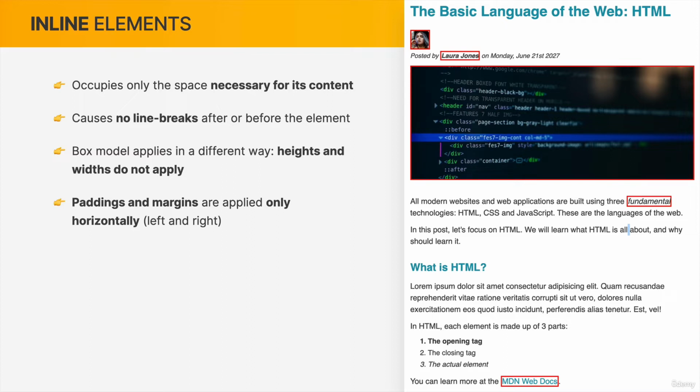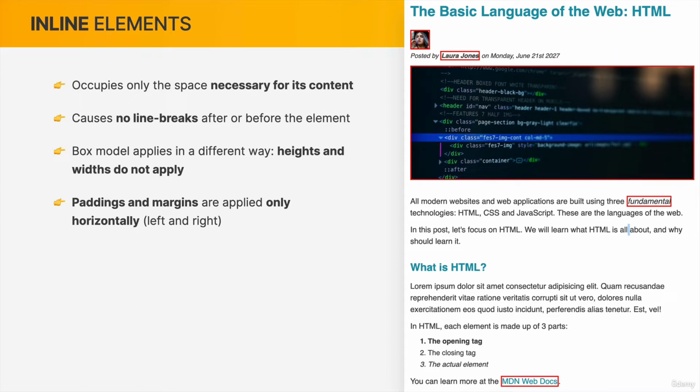And this is exactly what makes sense for smaller elements like the strong element, the EM element, or anchor elements, right? We wouldn't want these elements to create a new line and occupy all the width that they can. That just wouldn't make any sense, and therefore that's why we have these different types of boxes.